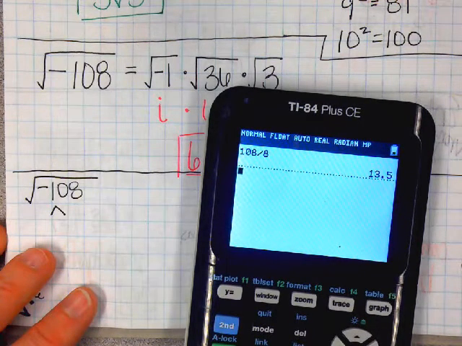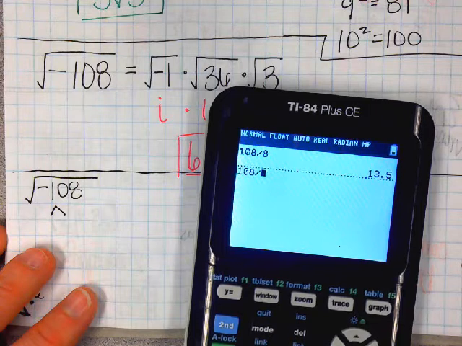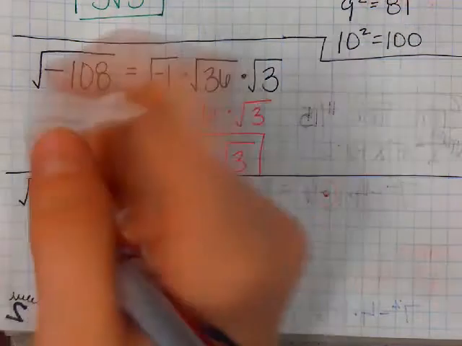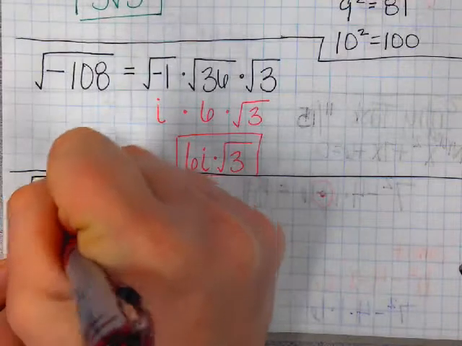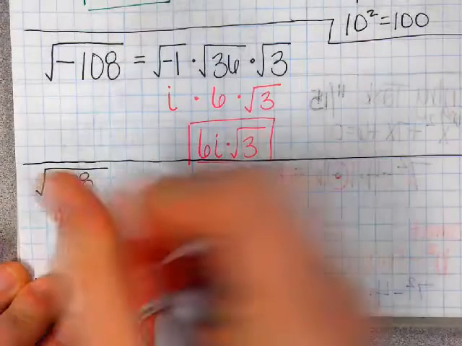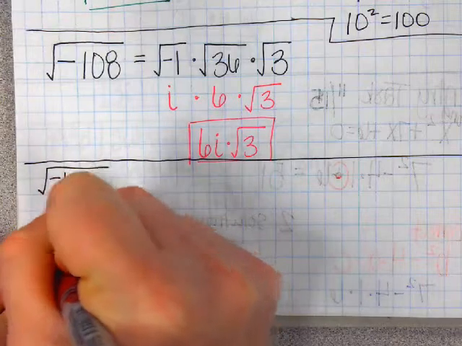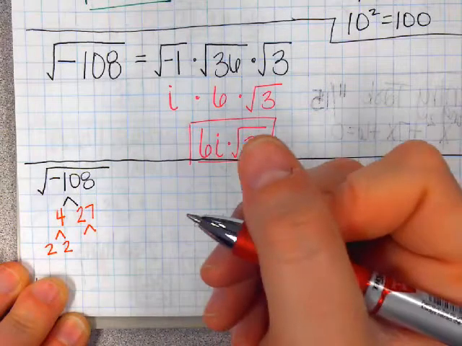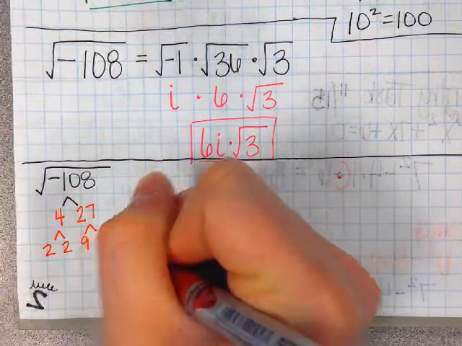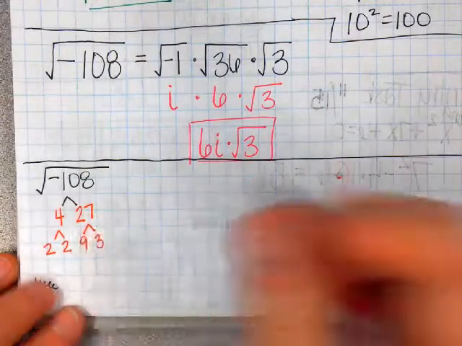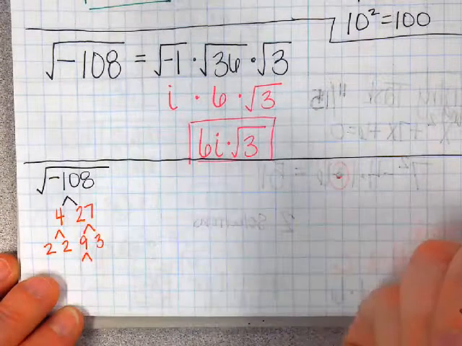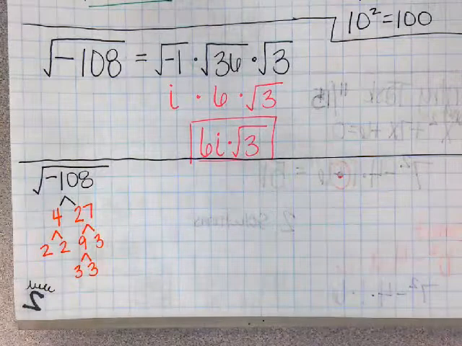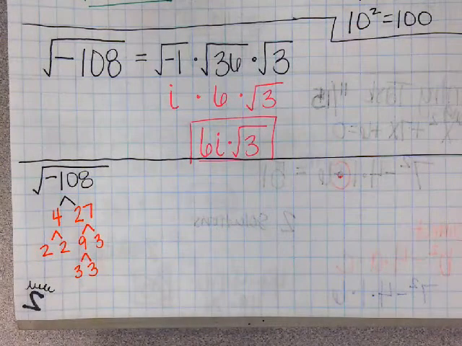Let's do 8. Nope. 108 divided by 4. 4 and 27. 4 breaks up into 2 and 2. 27 breaks up into 9 and 3. 9 breaks up into 3 and 3.